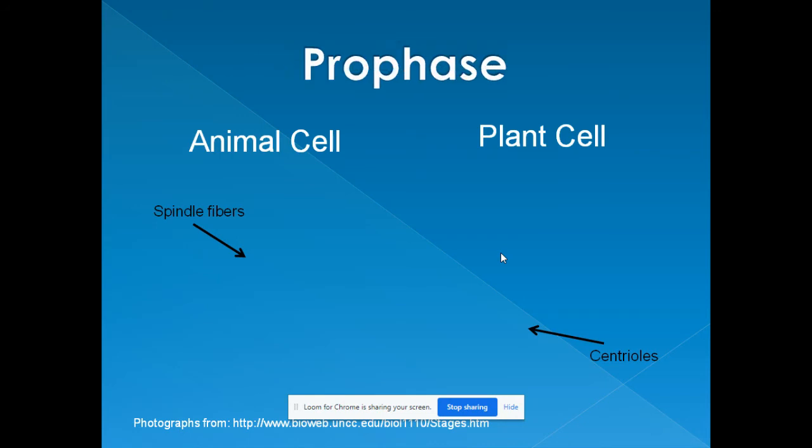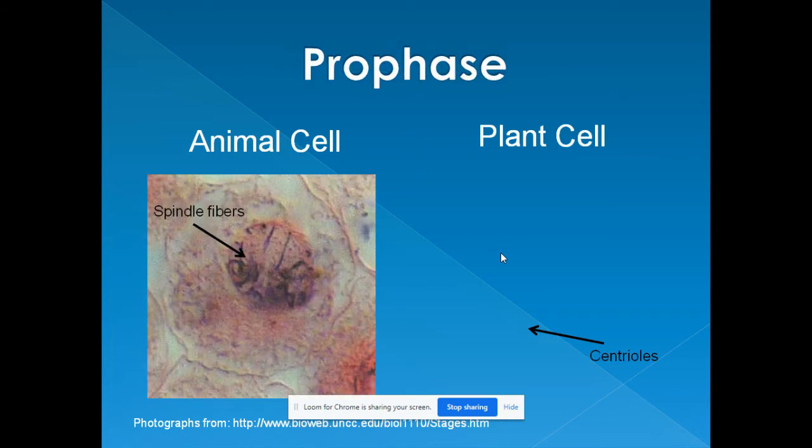Okay, how does prophase happen in animal and plant cells? Here is a prophase in an animal cell. Then you still can see part of the membrane that composes the nucleus. But what's important here, it's disappearing, of course. But what's important here is that the spindle fibers are being produced.